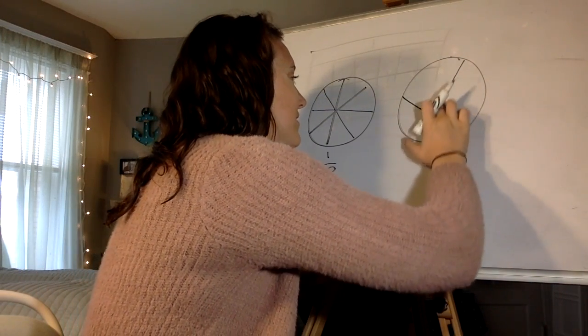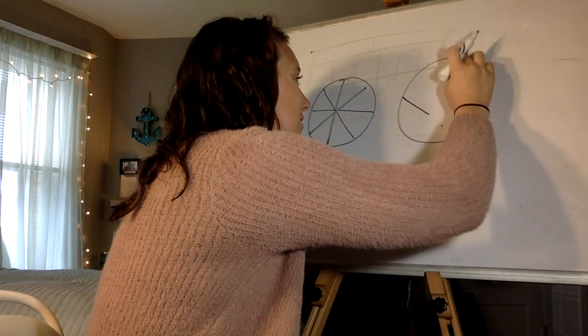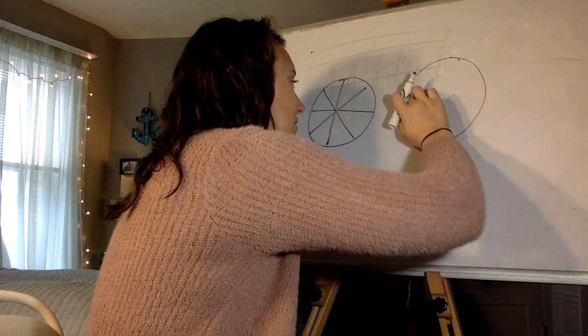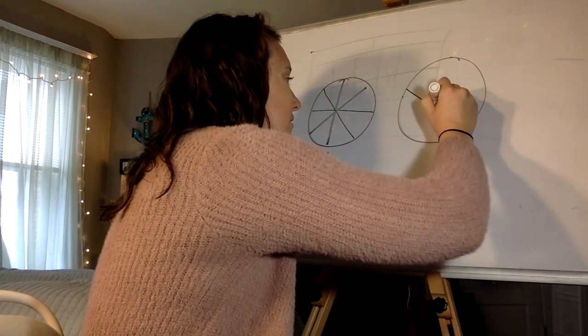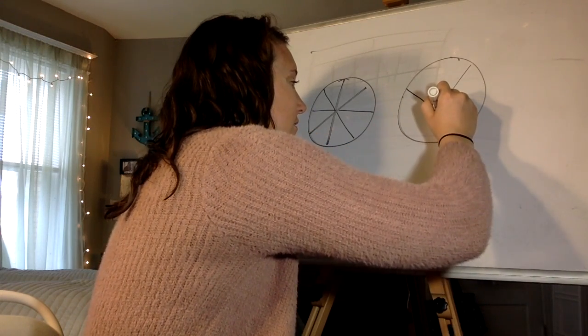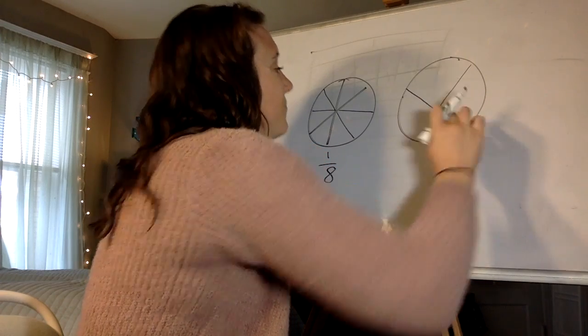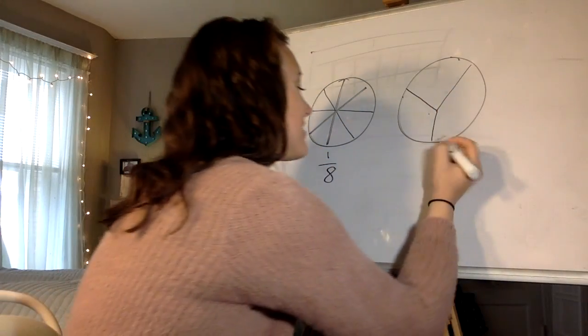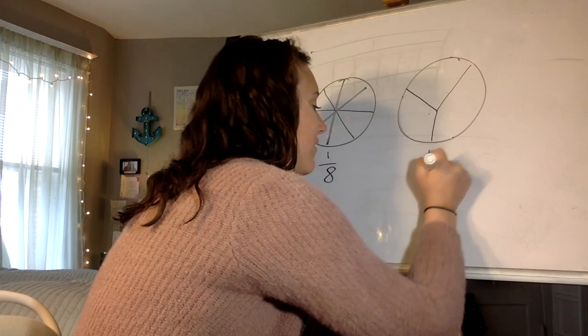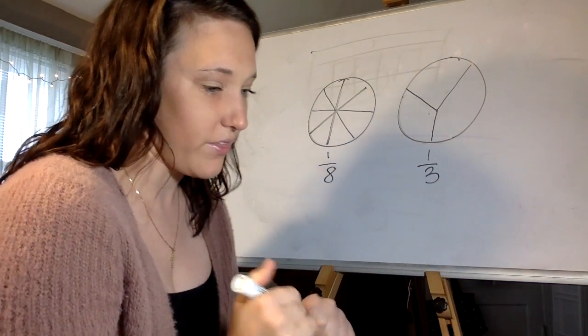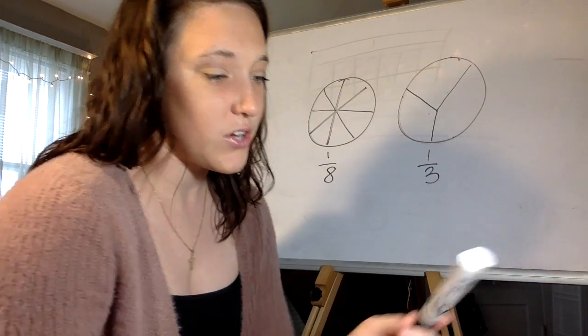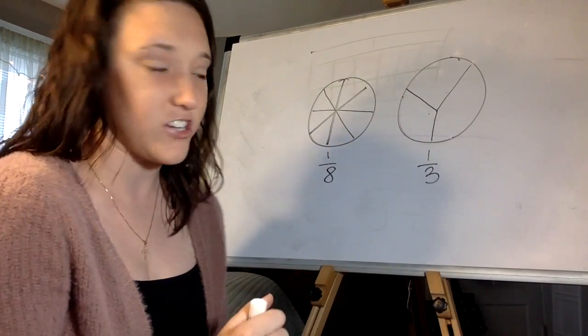Let me see if I can make it better. All right, well, okay, so the second one's divided into thirds. Okay, and so we have 1/3. So you're going to color to show the fraction and then circle which fraction is greater.